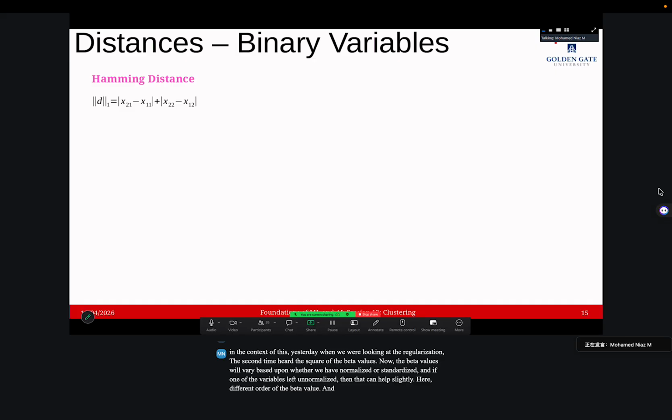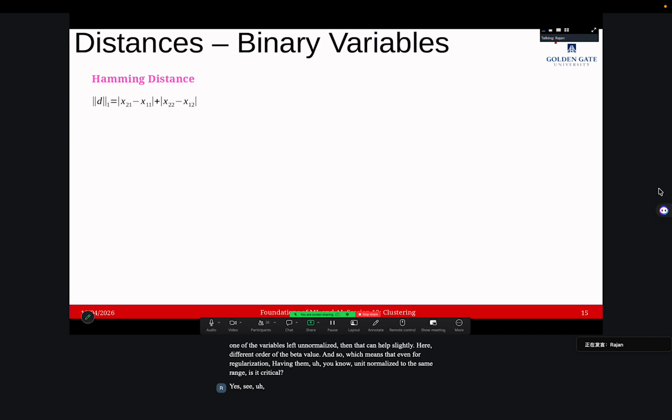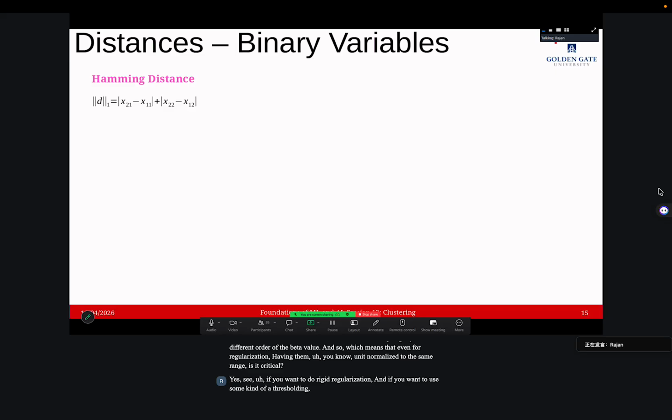So even for regularization, is having them normalized to the same range critical? Yes. If you want to do ridge regularization, and if you want to use some kind of thresholding so that you can do dimensionality reduction, then yes, you should normalize all variables.